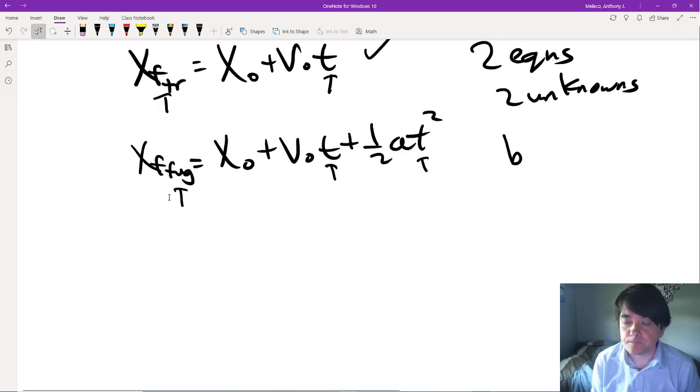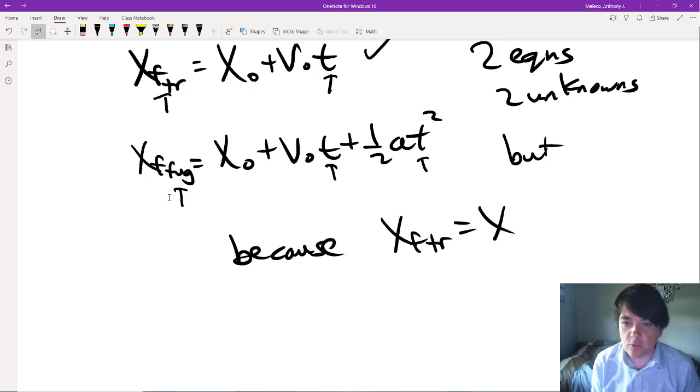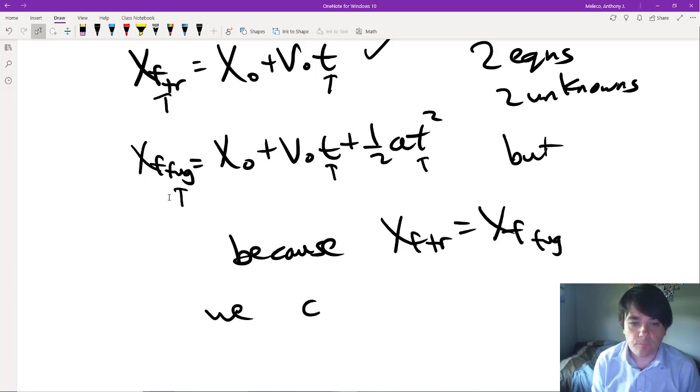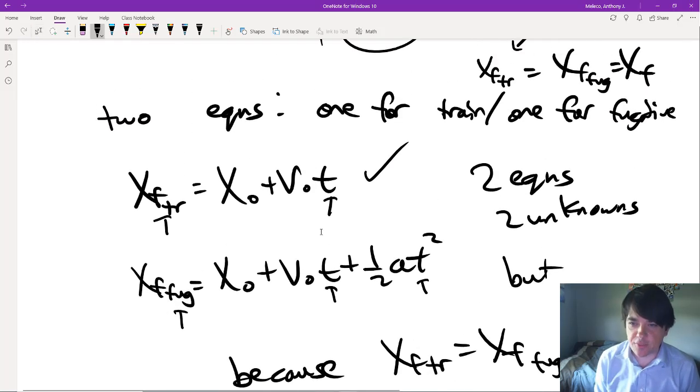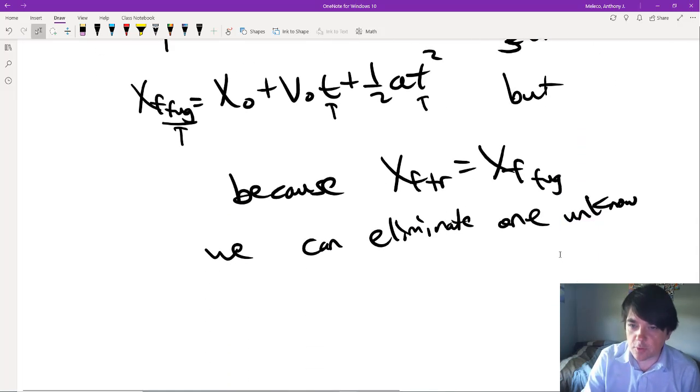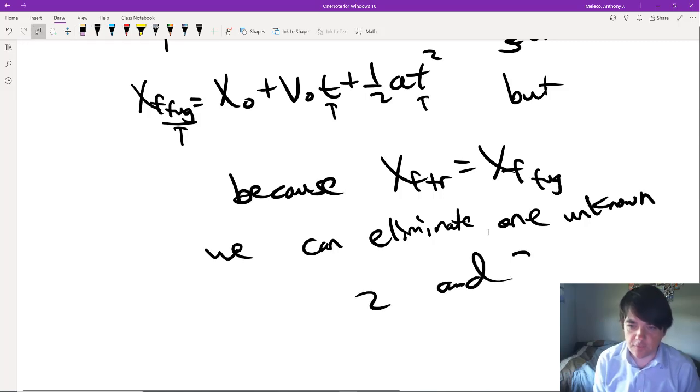But because x final train equals x final fugitive, we can eliminate one unknown. I'm sorry, we technically have three unknowns because this one's different than this one on first glance. But we eliminate one, and so now it's 2 and 2.